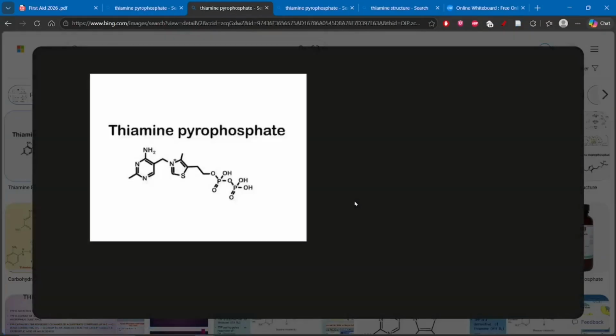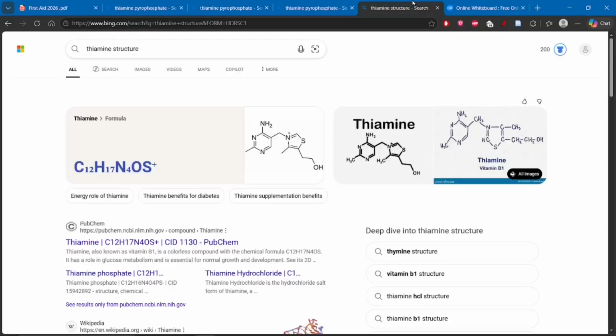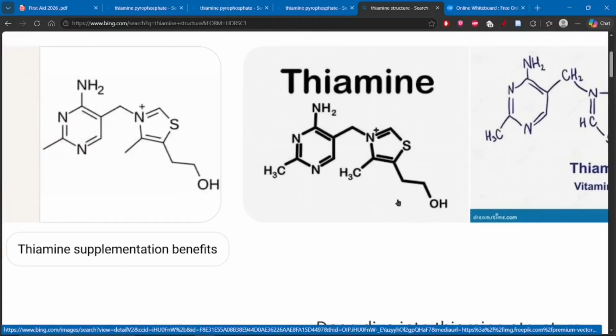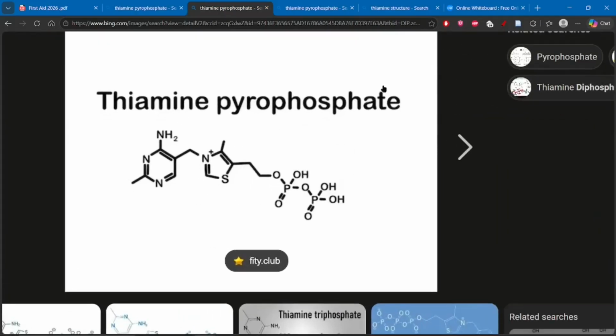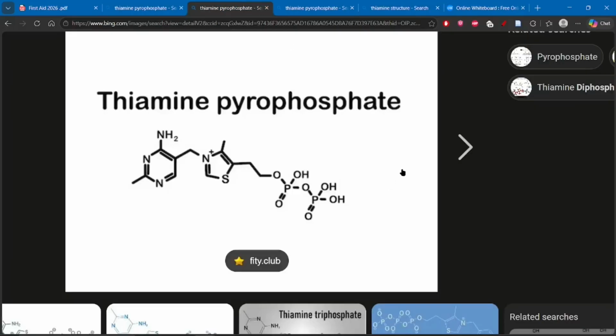I'll just zoom in. This is thiamine, and this is thiamine pyrophosphate. You can see that only the pyrophosphate group, which I'm circling with my cursor, has been added to the thiamine molecule.